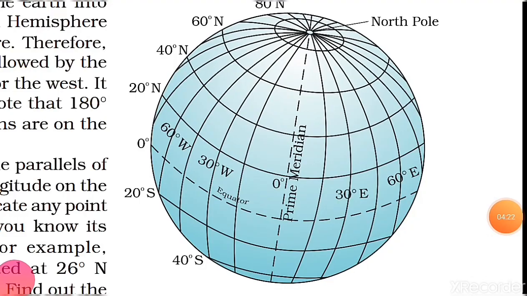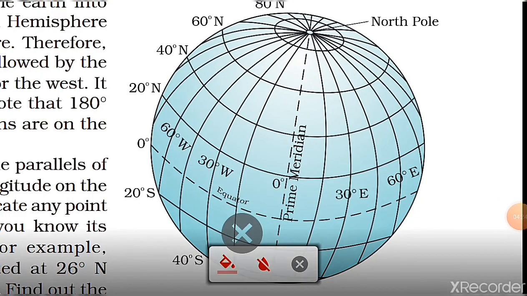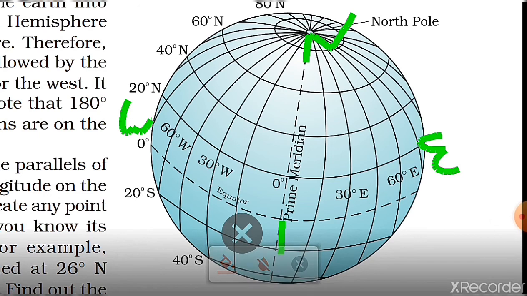You know the directions very well: east, west, north and south. And the prime meridian line also divides the earth into equal parts.